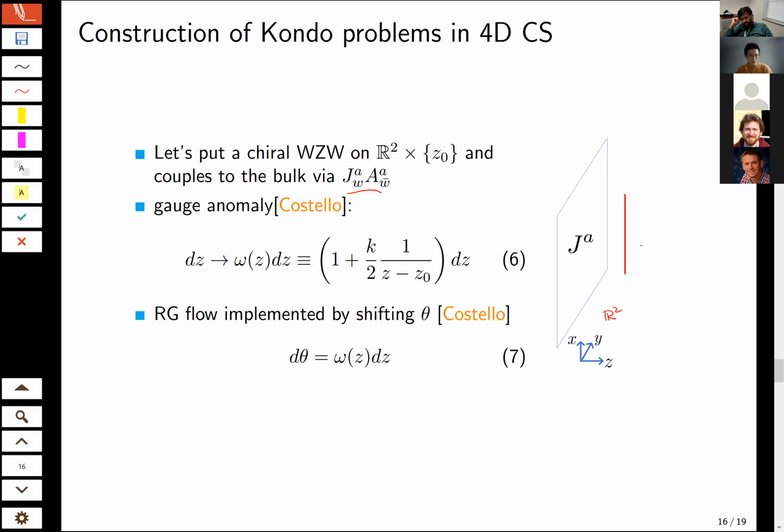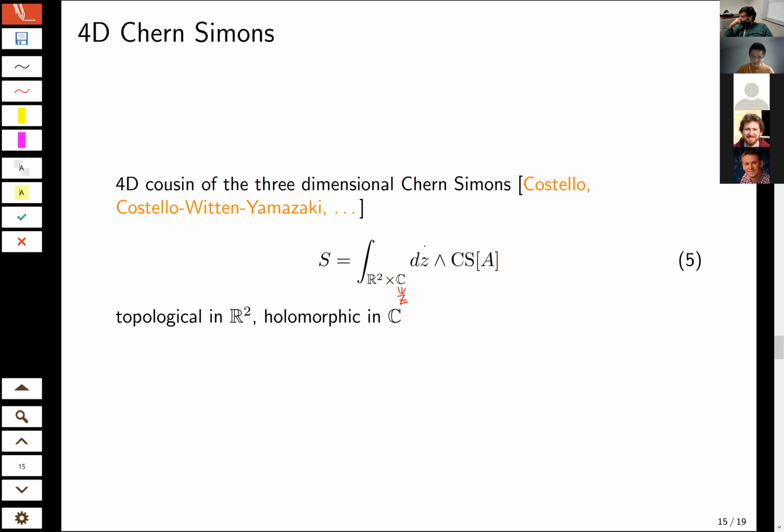There's one thing you have to be very careful about, which is the gauge anomaly, because famously, if you try to couple the chiral WZW model, there's a gauge anomaly. To cancel that gauge anomaly, we have to use a different one-form. Here, when I define this Chern-Simons theory, I used this one-form dz.